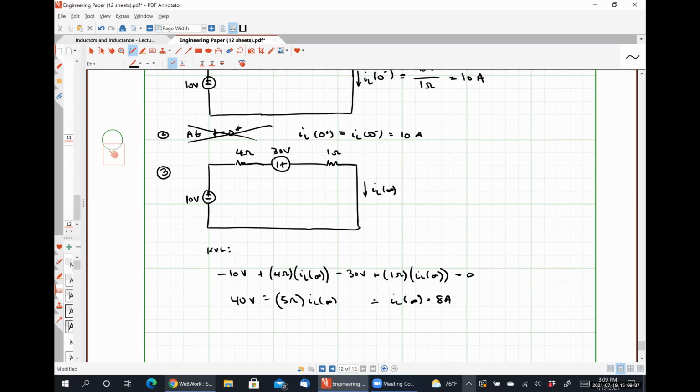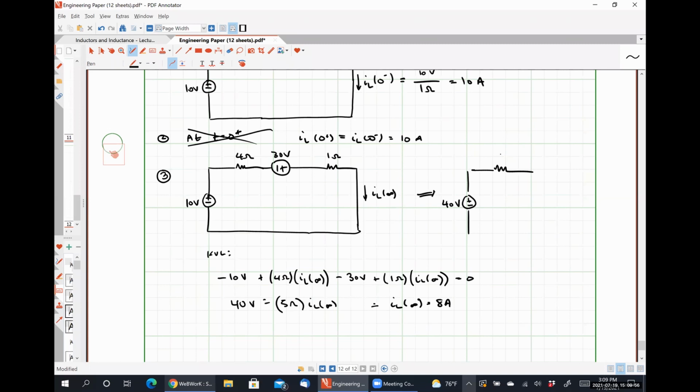The suggestion from the chat was to combine the voltage sources together, so 10 plus 30, because they have the same polarity. Combine the resistors together, 4 plus 1 is 5. And we can easily see then that this is going to be 40 over 5, or 8 amps.